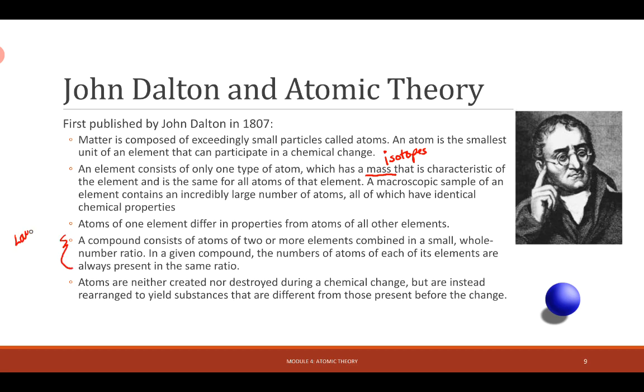That's going to be our law of constant composition and law of definite proportion. Or multiple proportion is the other law. Law of definite proportions and law of constant composition are the same law.